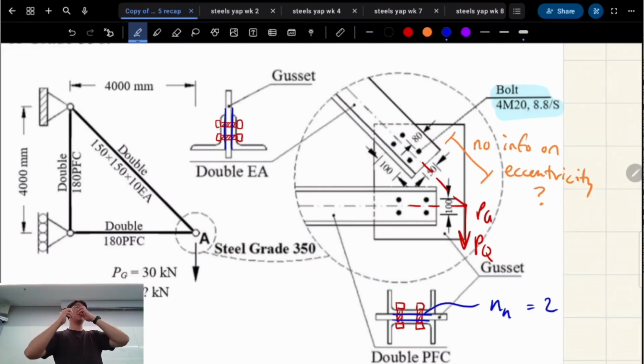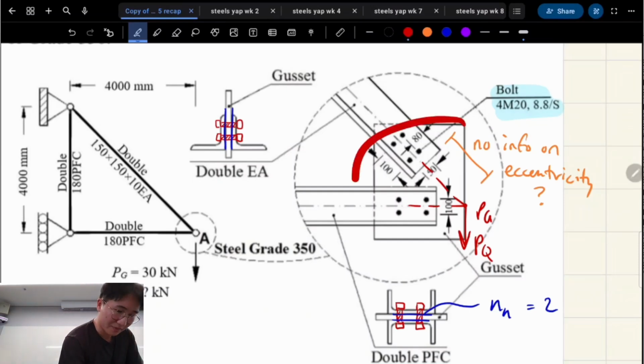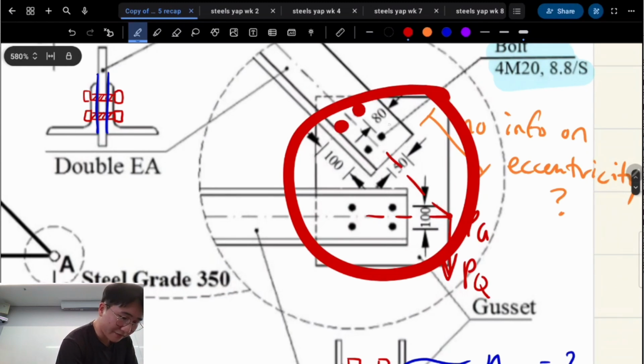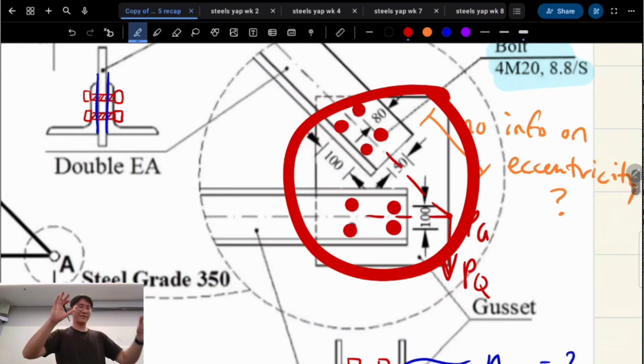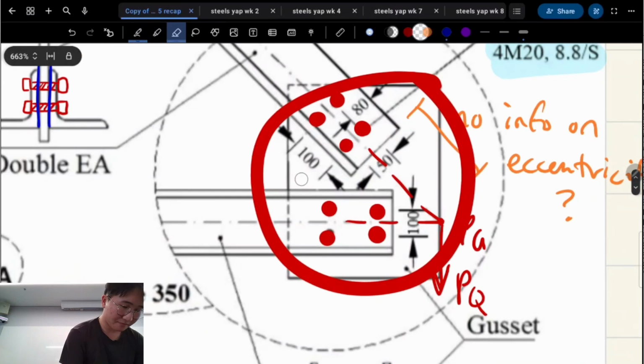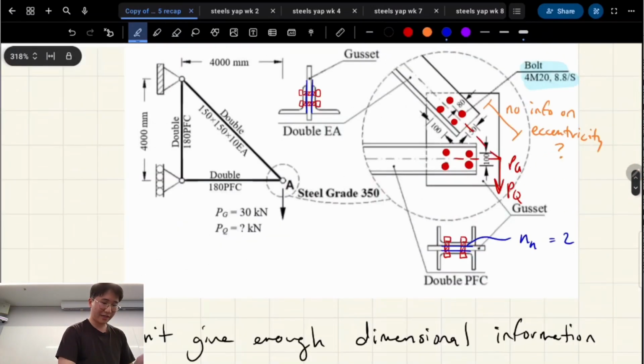If it's eccentric, applied with an offset, it's going to generate a moment in this bolt group. This bolt group is going to have a centroid, right? So we have 8 bolts like this. It's going to have a centroid somewhere, let's say here. If the force isn't applied exactly at that point, we're going to have a moment acting on the ICR. Since we're not given any of that information, that's what I make a note of here.